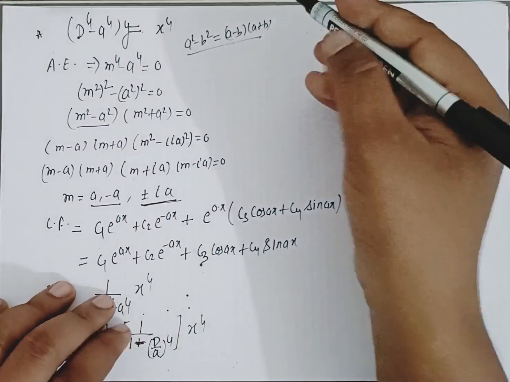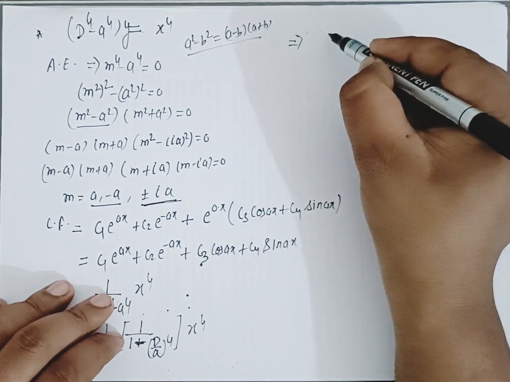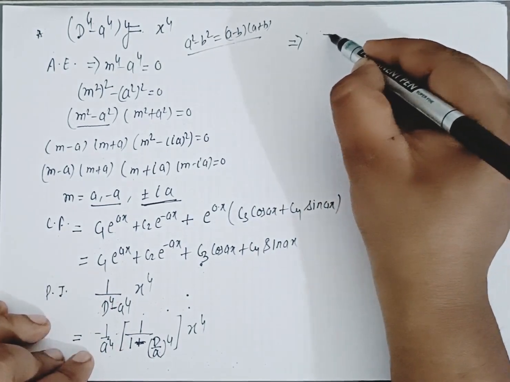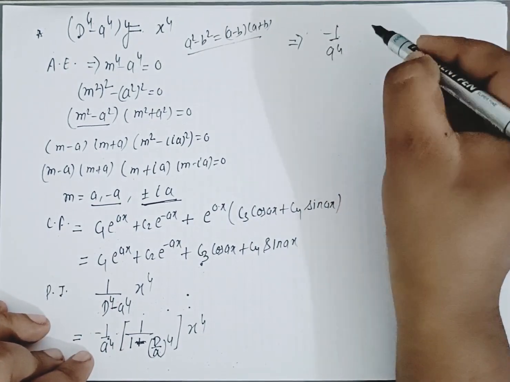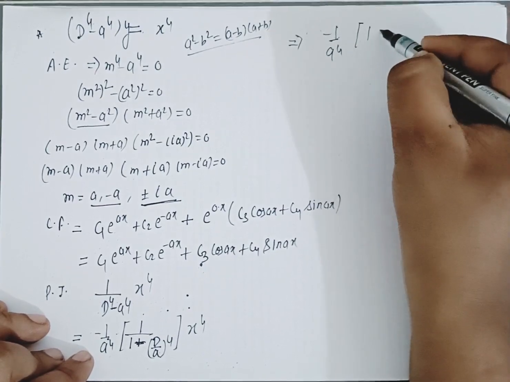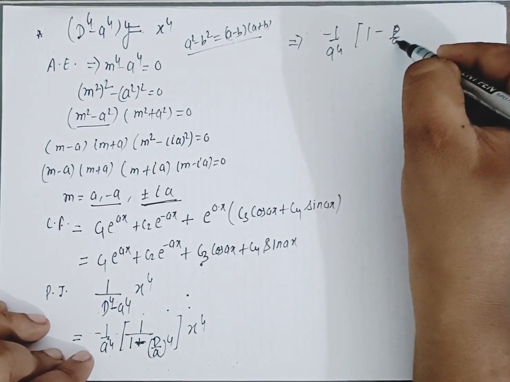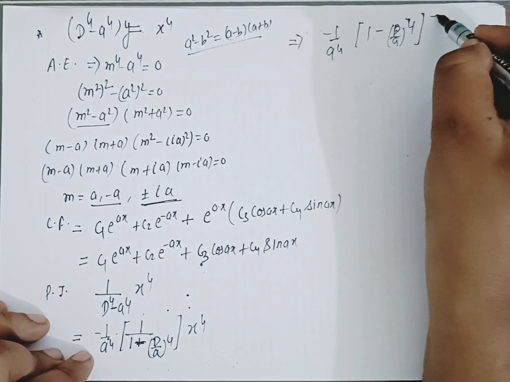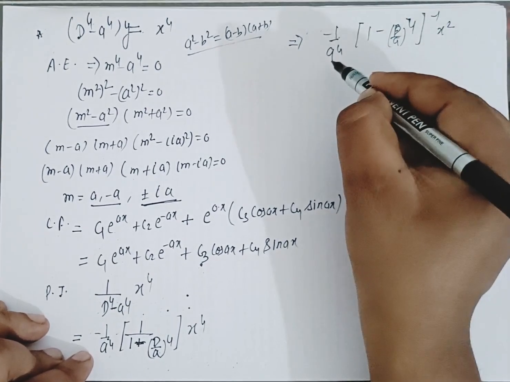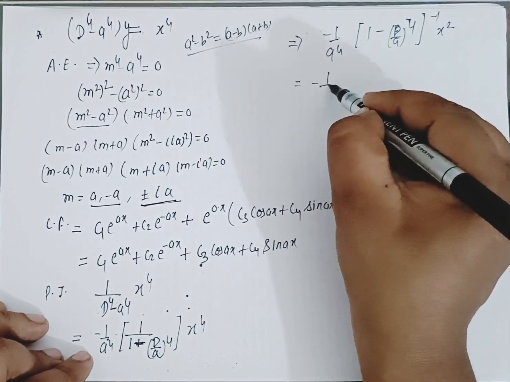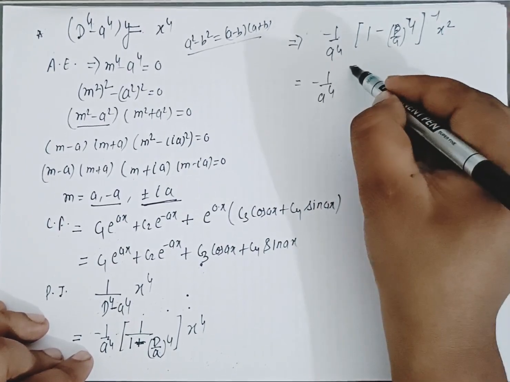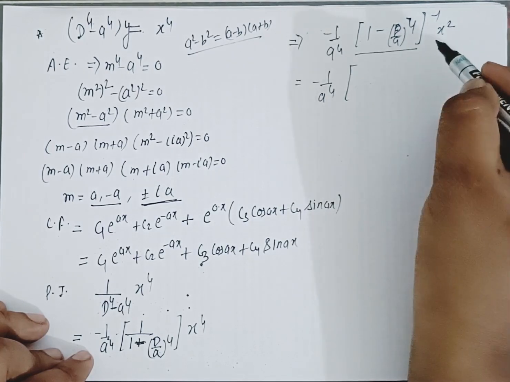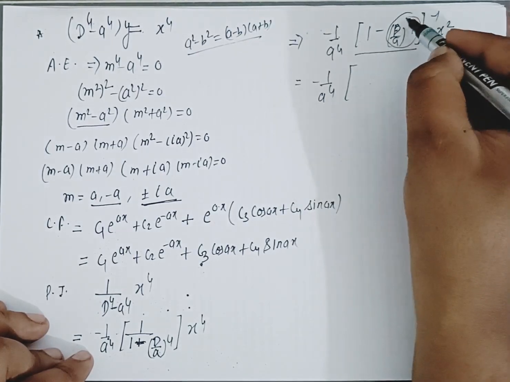Now apply the second step. So 1 upon a to the power 4, you can write it as 1 minus d upon a to the power 4, to the power minus 1, and x square. Now you can write minus 1 upon a to the power 4 and apply the binomial expansion here if you consider it as x.